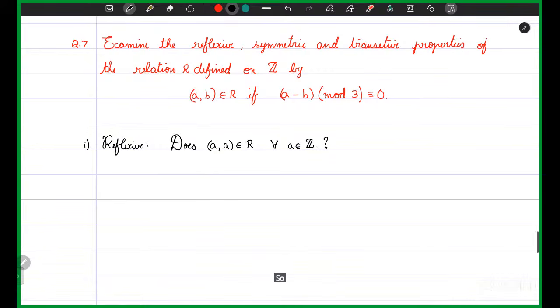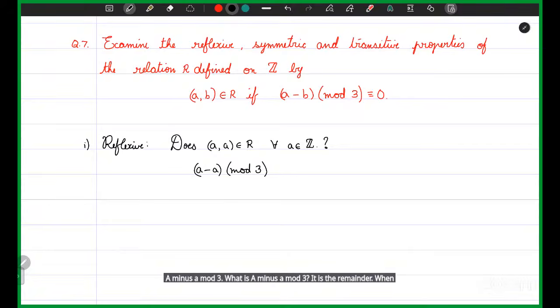So when would a comma a be in R as per the definition? a minus a mod 3 equals 0. What is a minus a mod 3? It is the remainder when 0 is divided by 3, which is 0. Yes, sir.